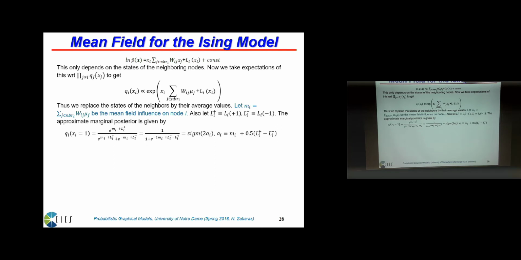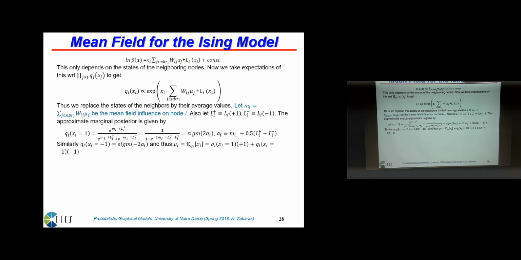And similarly, the value of qi for xi equal minus 1 comes to be the sigmoid for argument minus 2 ai, where ai is this nice term here. Mi that we said is the summation, known because these are the means of the neighbors, plus 0.5 Li plus minus Li minus, also known.